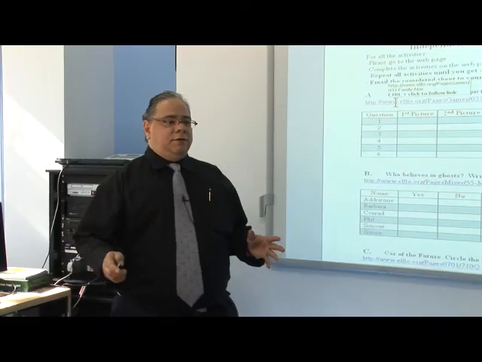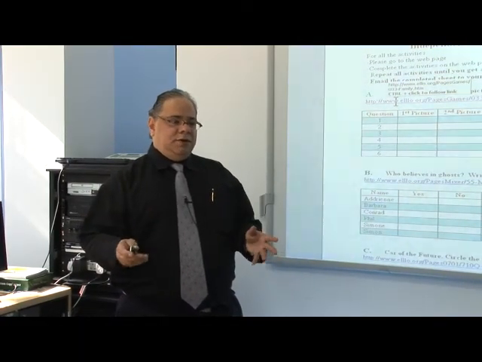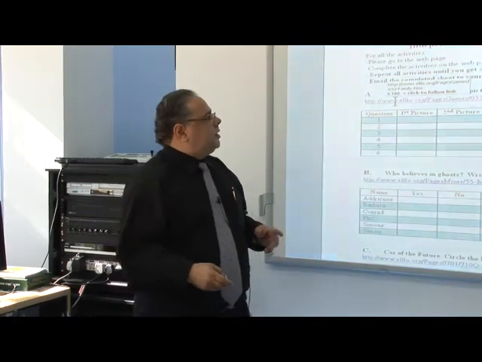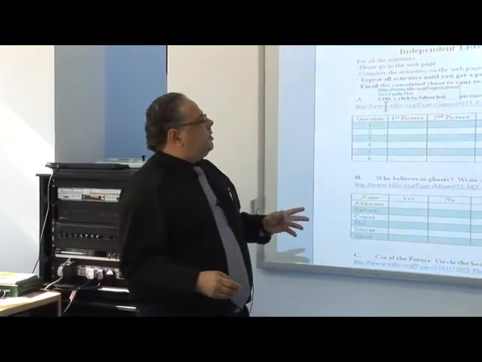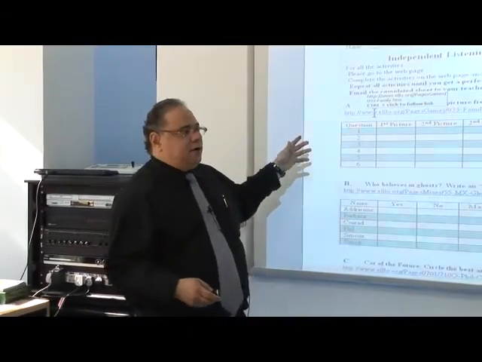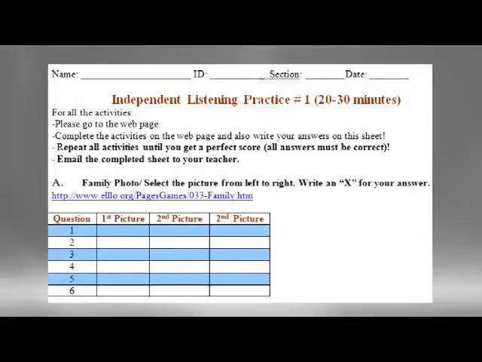Another important reason for us to have this organization both in the laptop and in the flash drive is because sometimes we need to have a listening activity, an independent listening activity like this. In this activity, if you did not have a soft copy, you would have to type all these links in order to go to a web page and actually do this activity.